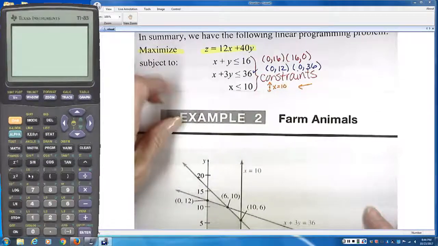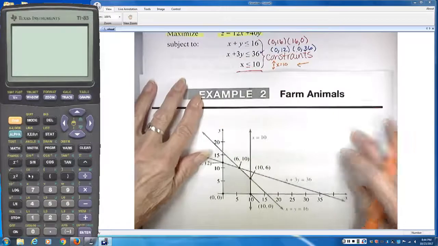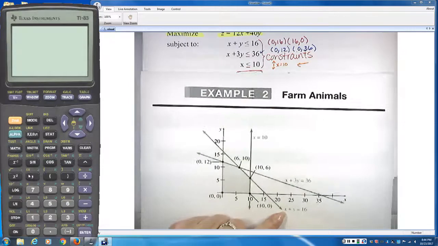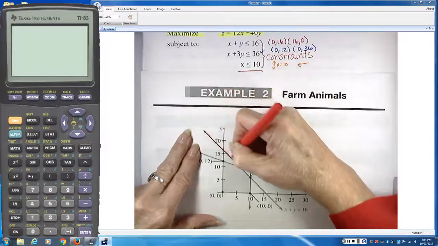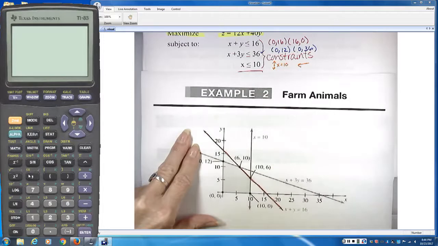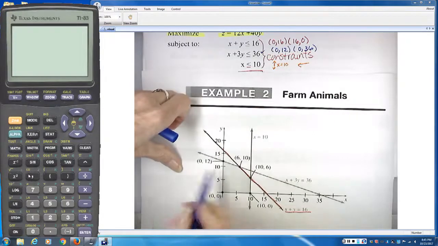Let's see if I can back this out where we can see both of them. So here's the equation that tells us how many animals we've got. Here's the equation that tells us how much they cost.